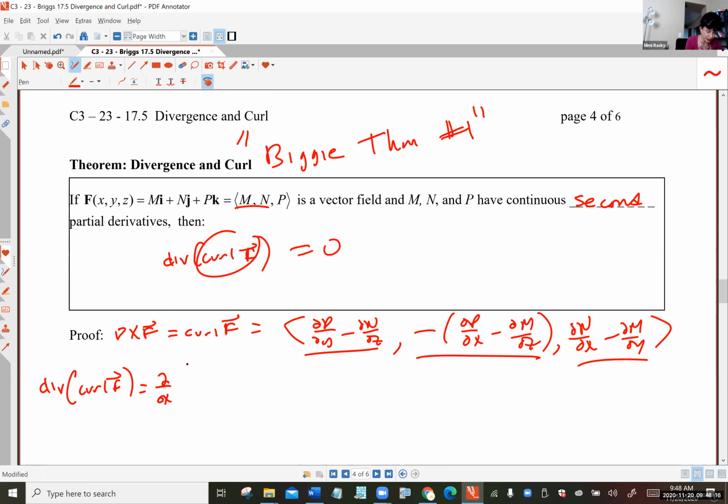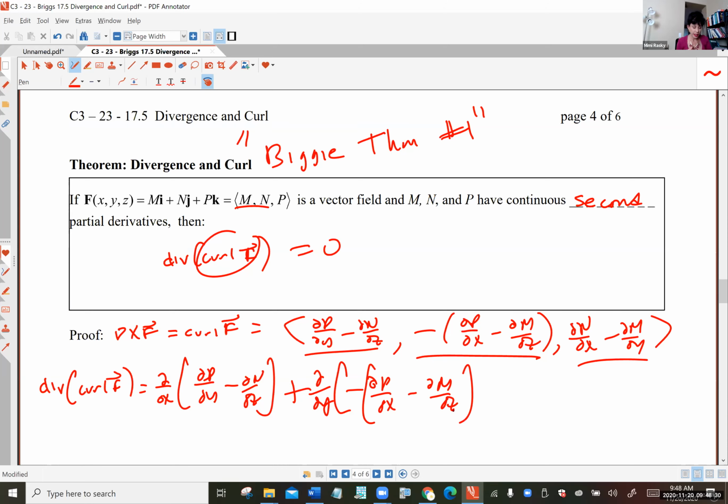Take the partial with respect to x of the first component, plus the partial with respect to y of the second component, and then plus the partial with respect to z of the very last component. Fine.